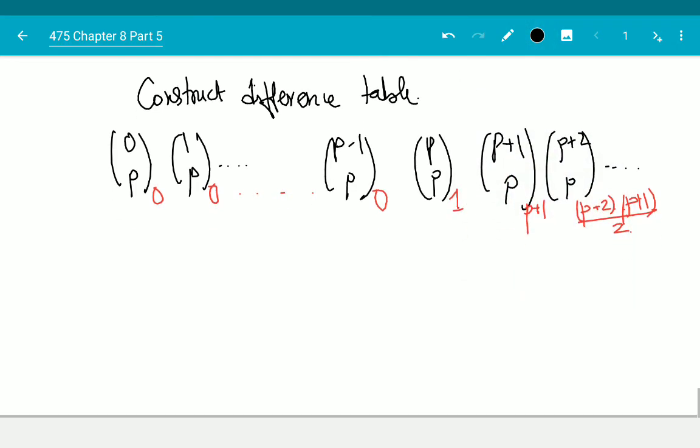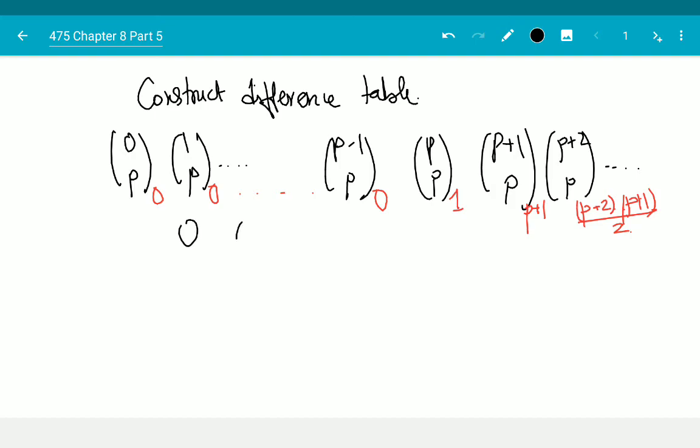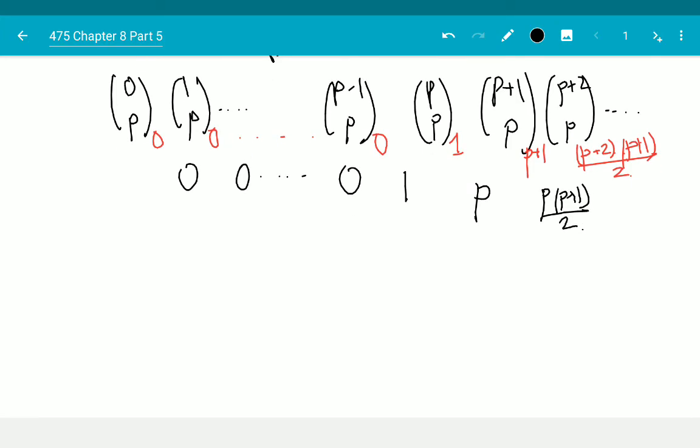Okay, let us construct the difference table. This is giving you 0, 0, 0, 1, p, and then p plus 1 over 2 times p plus 2. Then 0, 0, 1, p minus 1, and this is going to give you p minus 1 over 2 times p. So this became p minus 1.